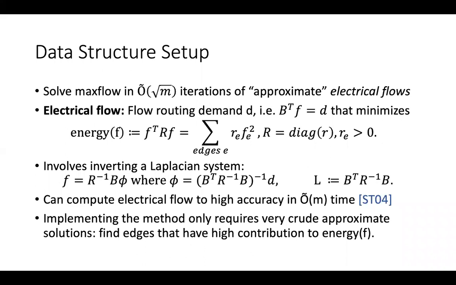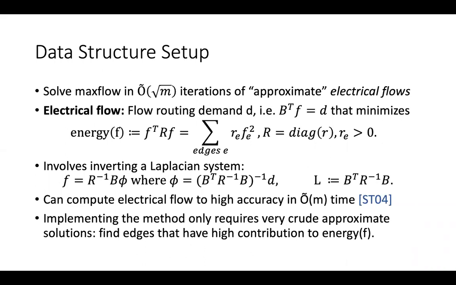An electrical flow asks to route a flow, routing demand D, that minimizes the energy of the flow, which is the quadratic energy, the sum of resistance times the square of the amount of flow on the edge. To compute an electrical flow, it corresponds to solving a linear system in the graph, precisely inverting a Laplacian matrix.